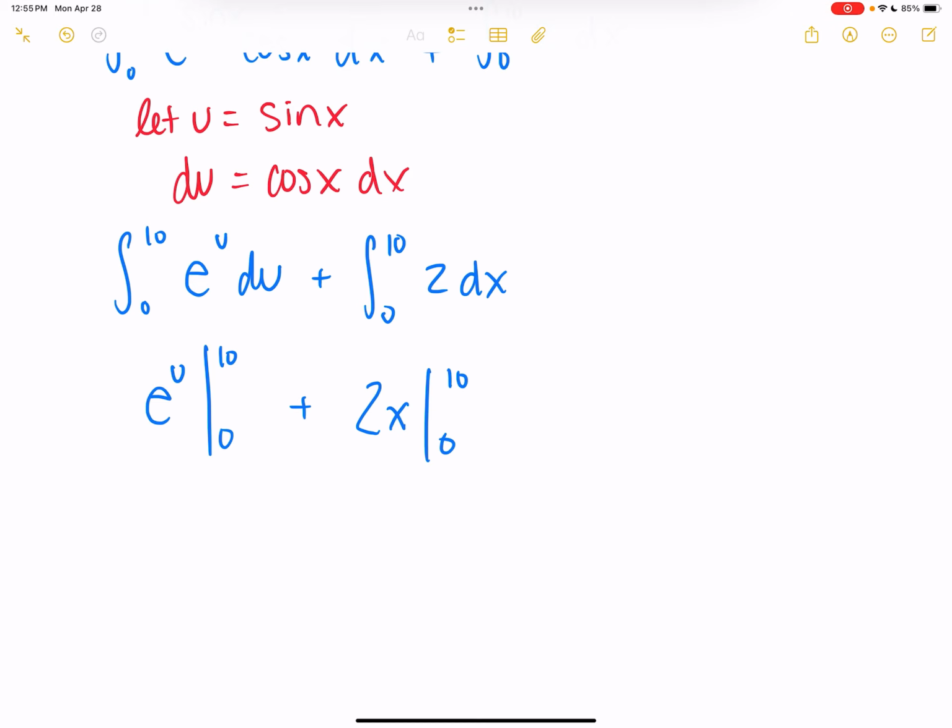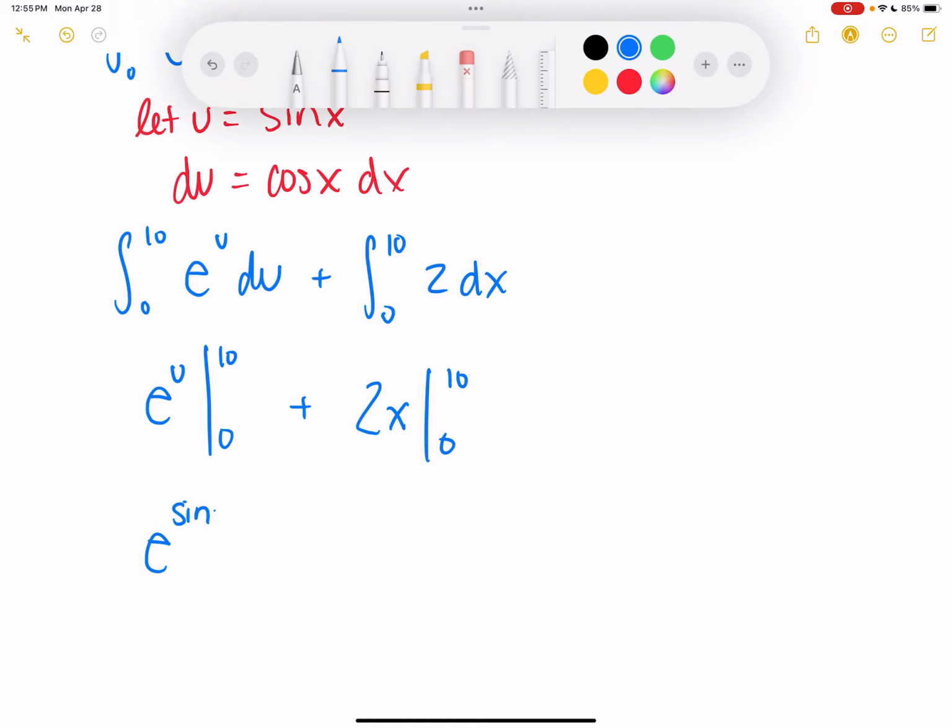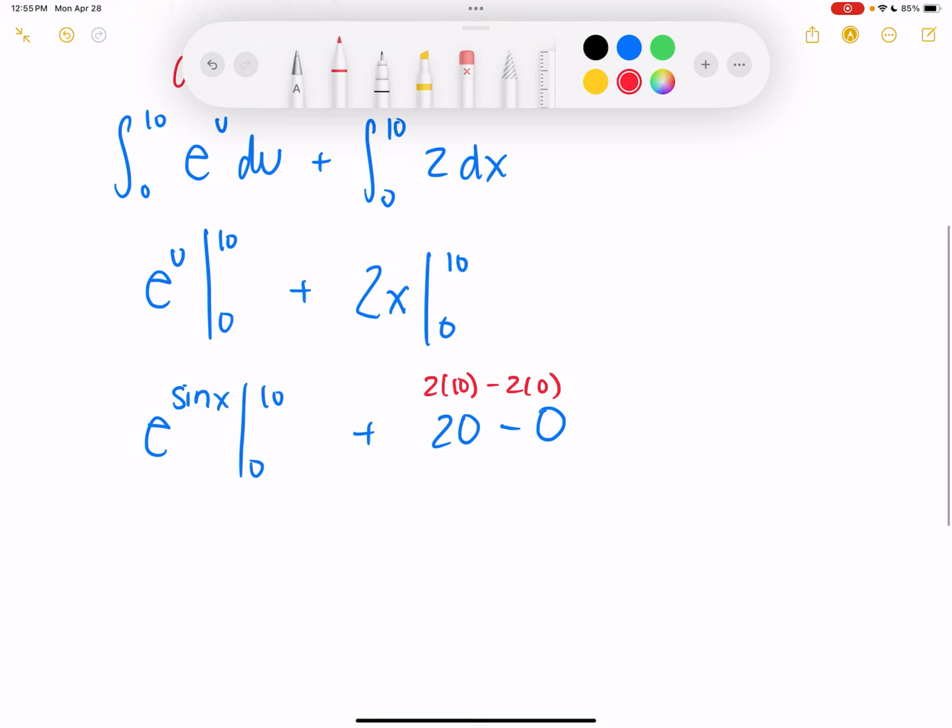So this is e to the sine of x evaluated from 0 to 10 plus, this would be 20 minus 0. 2 times 10 minus 2 times 0, just in case. So I've got e to the sine of 10 minus e to the sine of 0 plus 20. What's the sine of 0? 0.